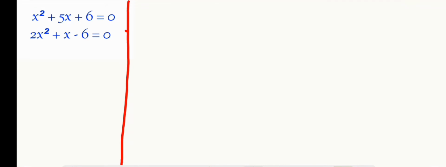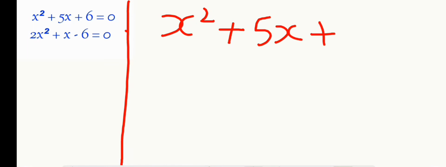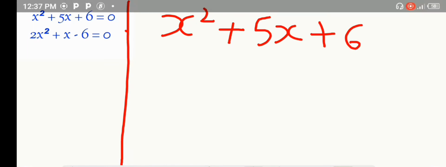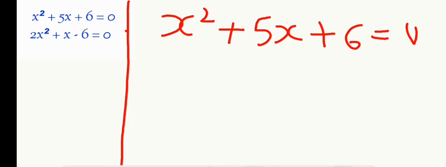Now starting with the first question: x squared plus 5x plus 6 is equal to 0. Now looking at this, I'm going to get the answer in just a few seconds.